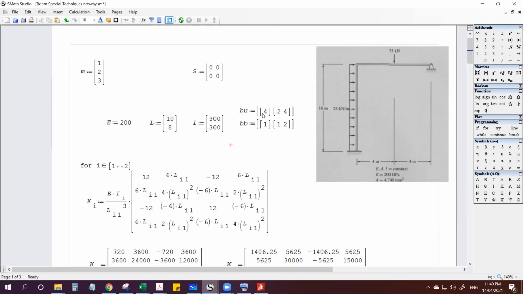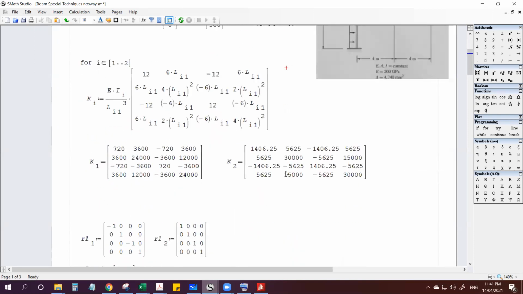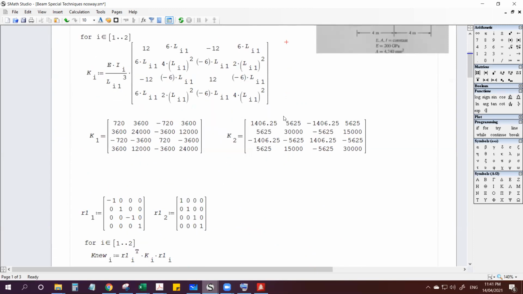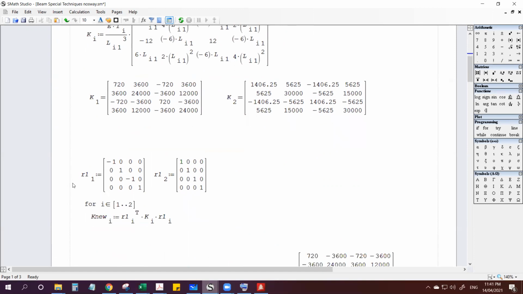Okay, so inputting our BU and BB as we got earlier, and looping 1 to 2 because we have only two members. Okay, now this is the transformation matrix that we got earlier for the column. Remember, this is the transformation matrix.